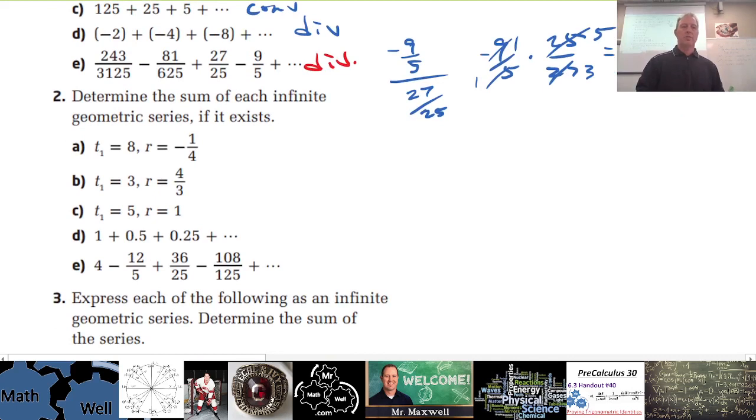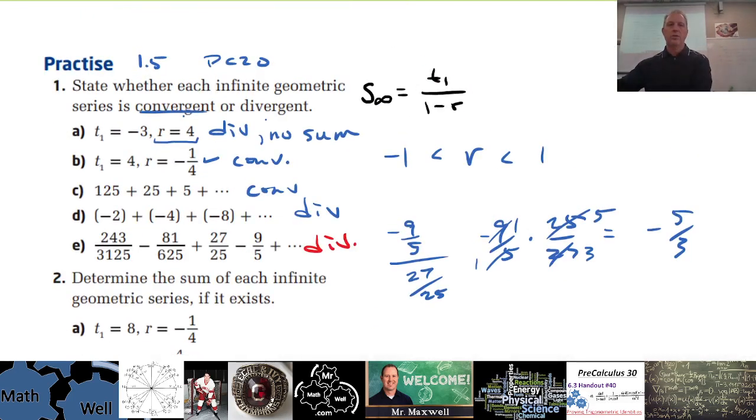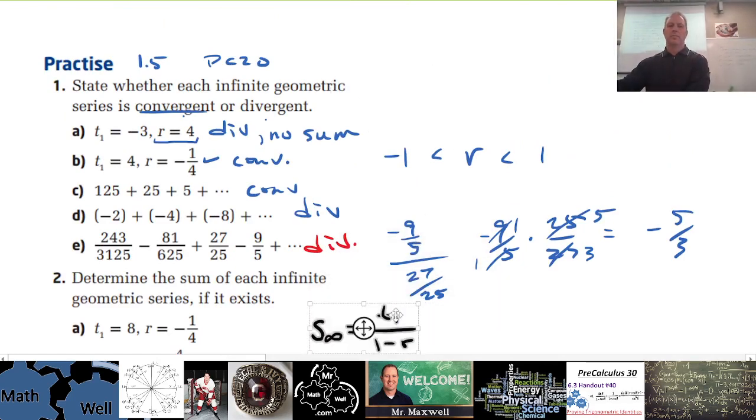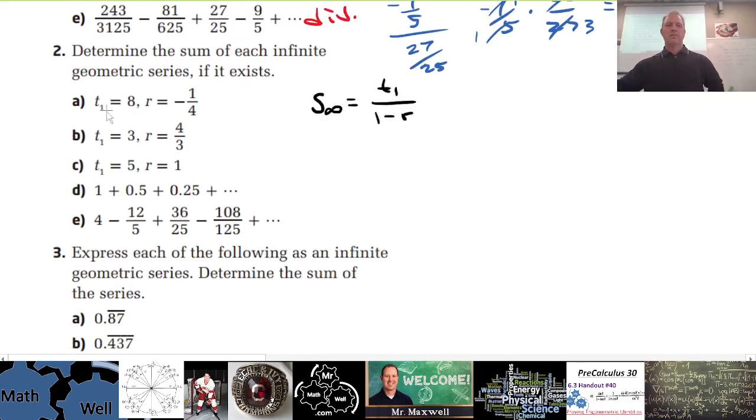All right, number 2, determine the sum of each infinite geometric series if it exists. So the sum formula that you will use is right up here. The infinite sum is taking the first term, T1, dividing by 1 minus R, as long as R is between -1 and 1. So as long as it's convergent, you can find a sum. So for A, I'll do A down here.